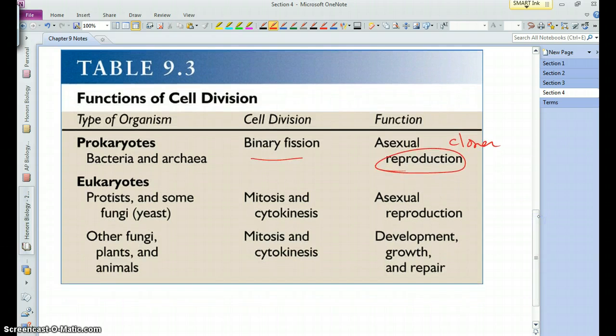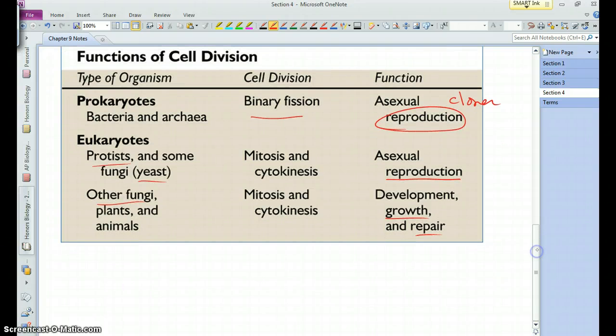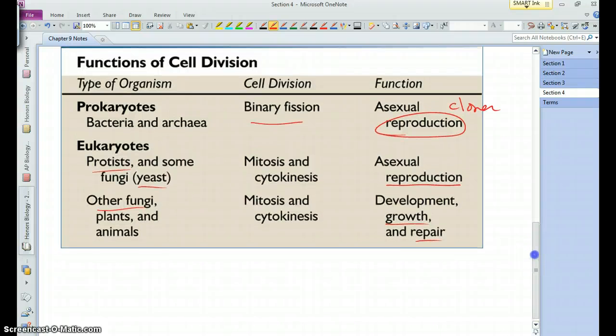Now, cell division in eukaryotes, in some organisms, is done for reproducing, particularly certain types of single-celled organisms, protists and yeast, for example. But in more complex multicellular organisms, it's mostly done for growth and repair. So those are some differences in the functions of cell division in prokaryotes and eukaryotes.